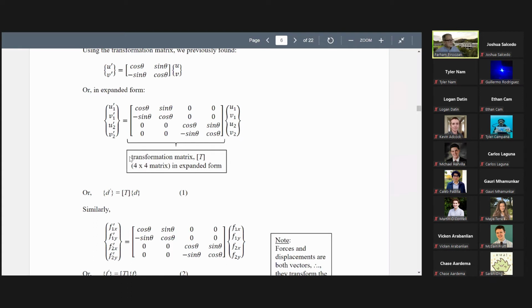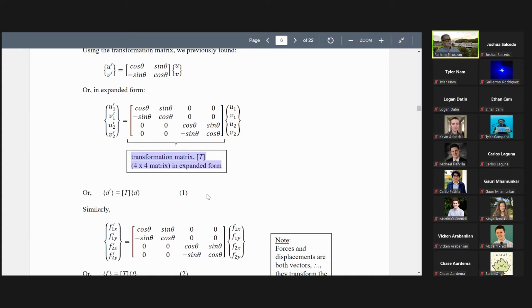This is very important here, and this is our transformation matrix. What size is this? It is a 4x4 matrix. Very good. This is the transformation matrix, and it is very important. It will transform displacement in local and in global.